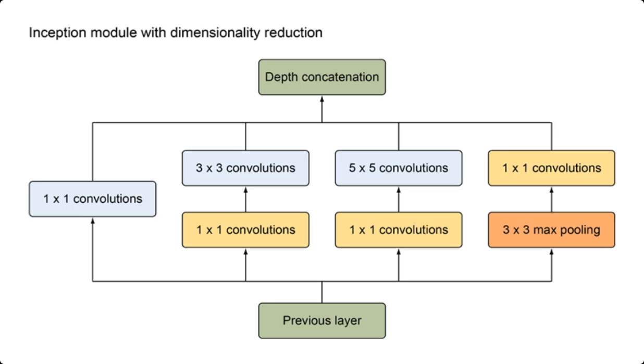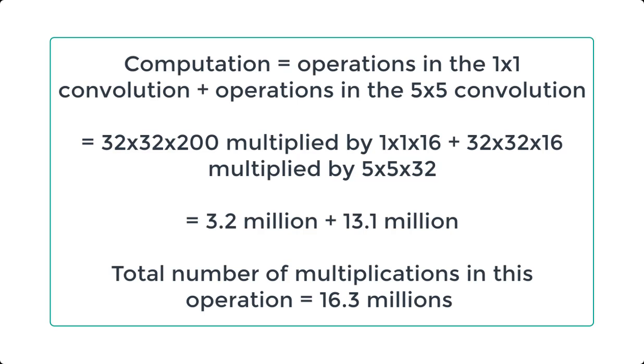Now, let's look at the computational cost involved in these operations, and also compare it to the 163 million multiplications that we got before applying the reduced layer. So the computation is the operations in the 1x1 convolution plus the operations in the 5x5 convolution.